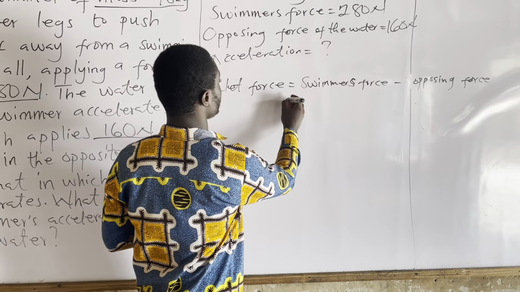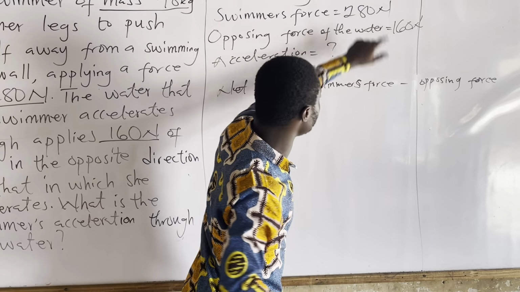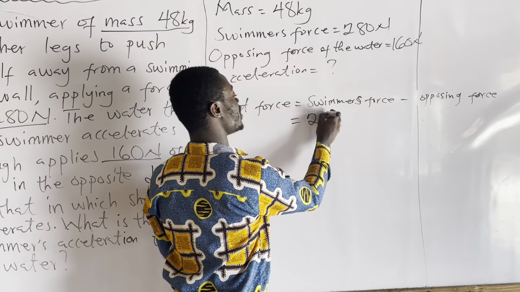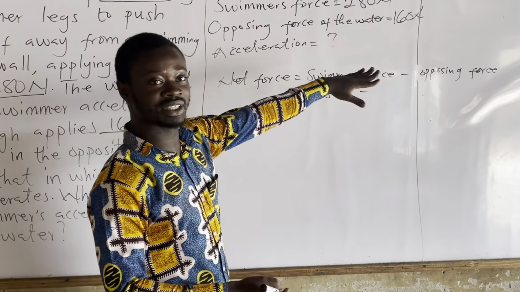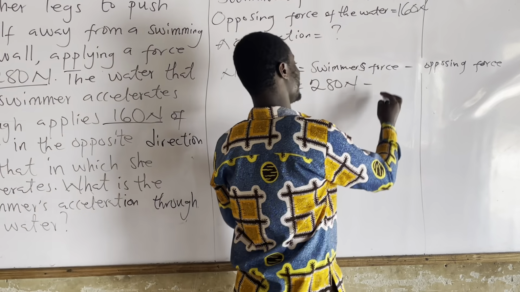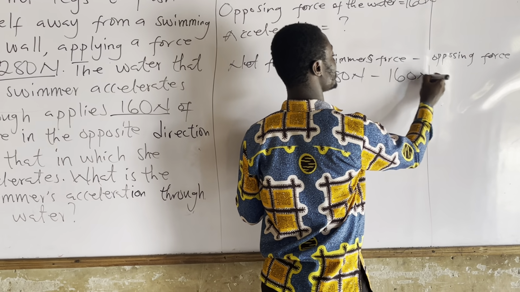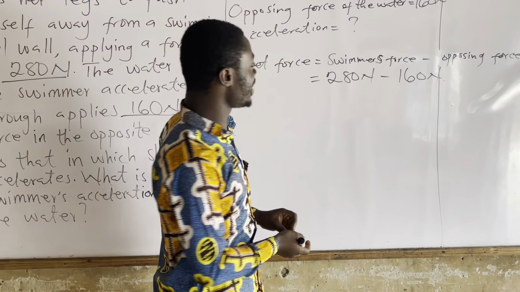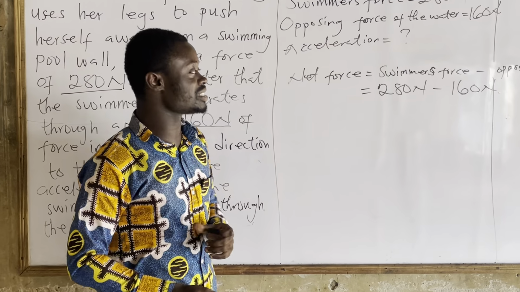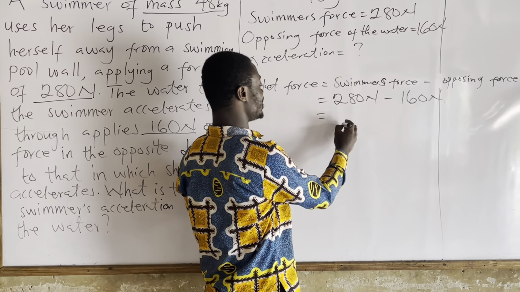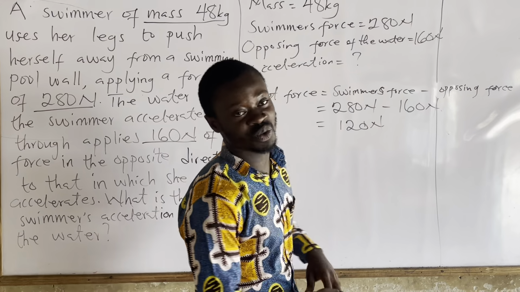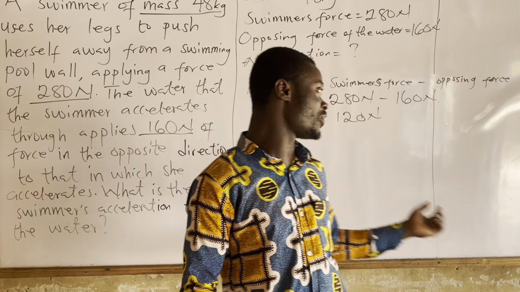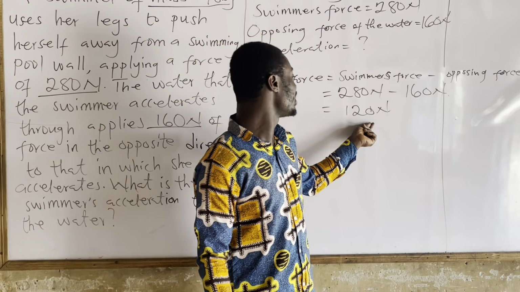So this gives us swimmer's force, which is 280 newtons from the question, minus the opposing force of the water, which is 160 newtons. So 280 minus 160 gives us 120 newtons. So the net force is 120 newtons. This is the force we are going to use to calculate the answer.